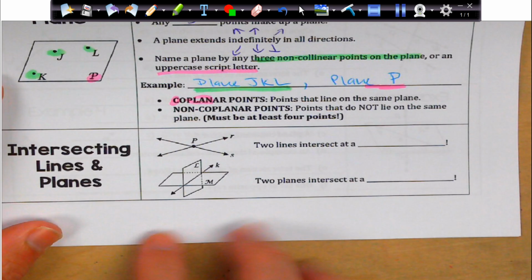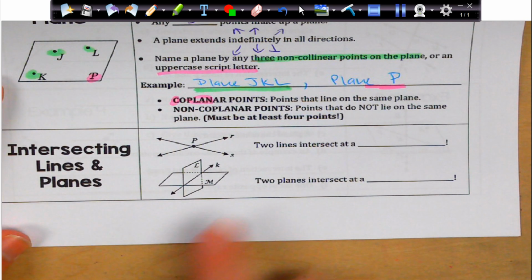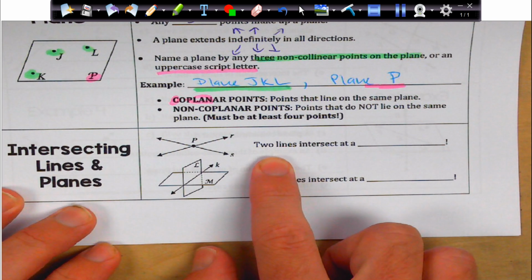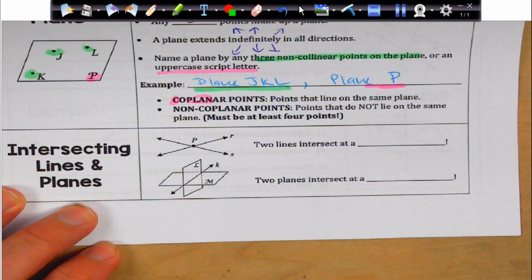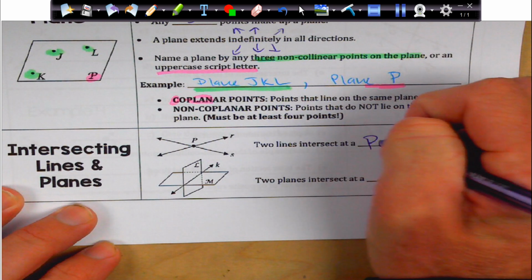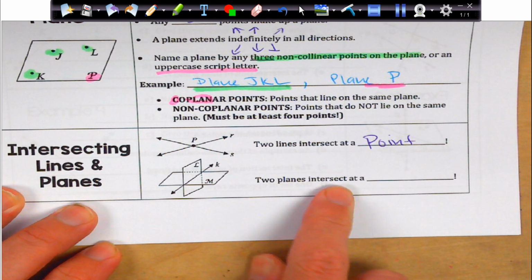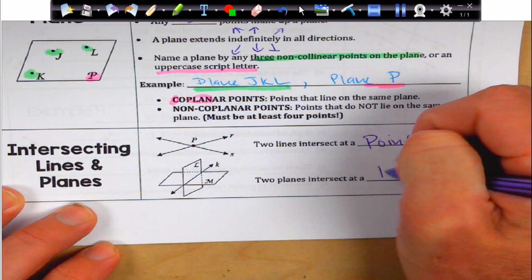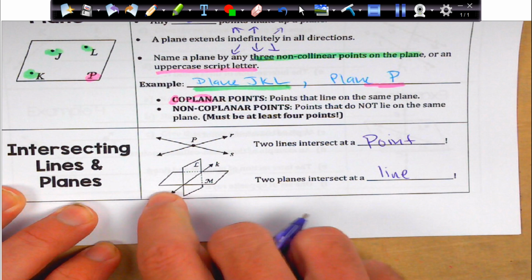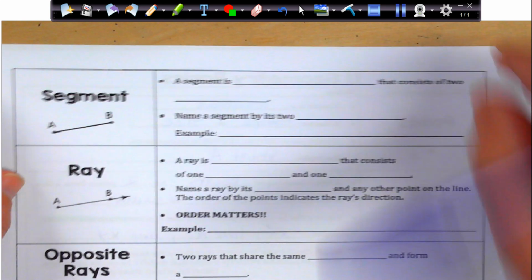All right, intersecting lines and planes. 2 lines intersect at a point, and 2 planes intersect at a line. So if they were to intersect, they go right through a line.